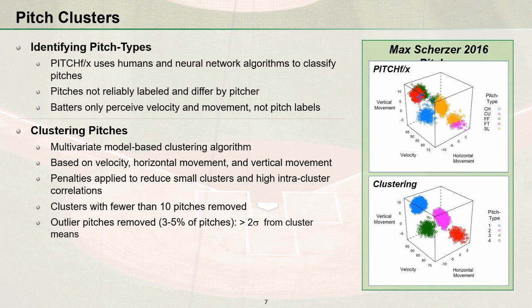To eliminate outliers, clusters with fewer than 10 pitches were removed, as were pitches more than 2 standard deviations from their cluster means. The bottom plot on the right shows the result of clustering the same set of Max Scherzer pitches using a model-based clustering algorithm. It's a cleaner clustering of pitch types and removes outlier pitches that may have been incorrectly categorized.